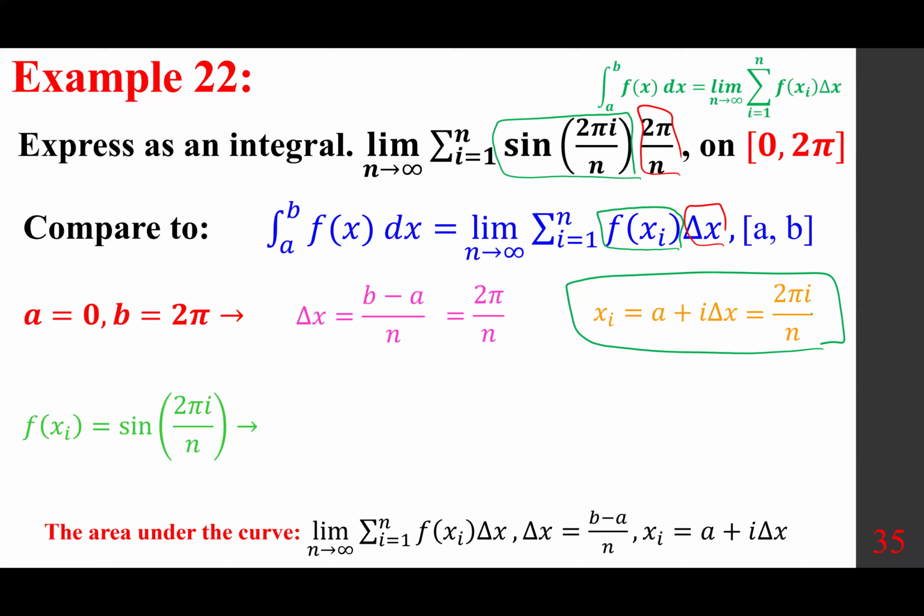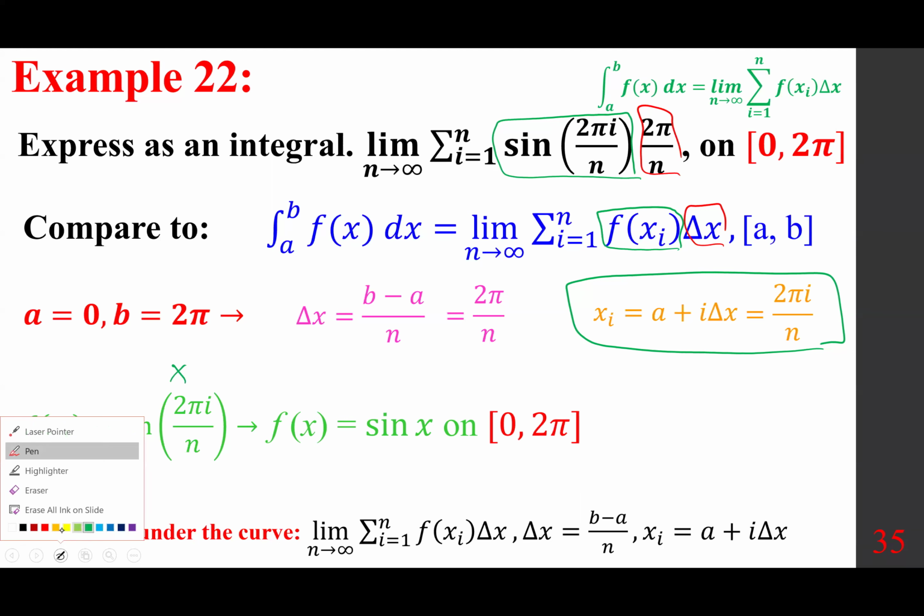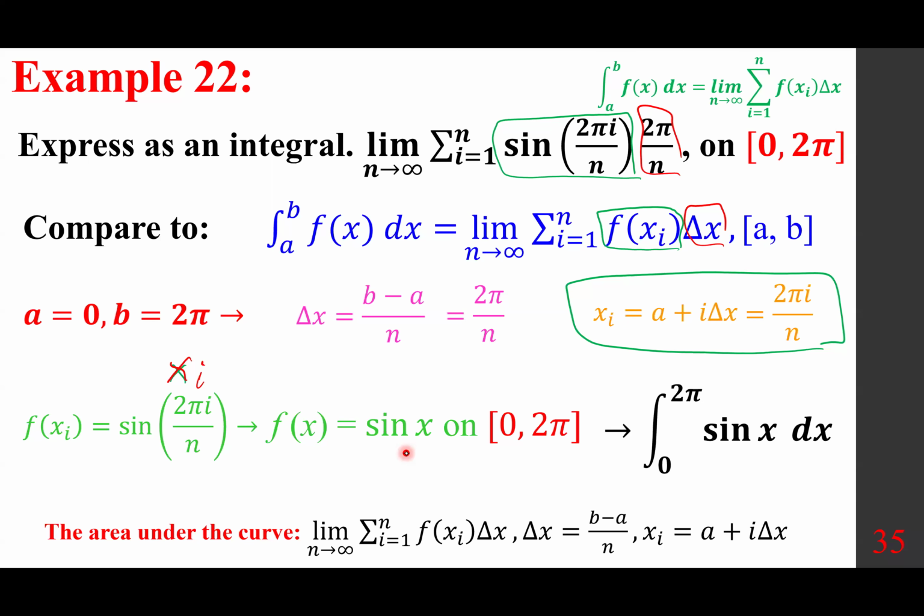Since we found x sub i, then f of x must be sine x, same interval 0 to 2 pi. This is x sub i, everybody. So what's the function? The function is the integral of a to b f of x dx, the integral from 0 to 2 pi of sine x dx.